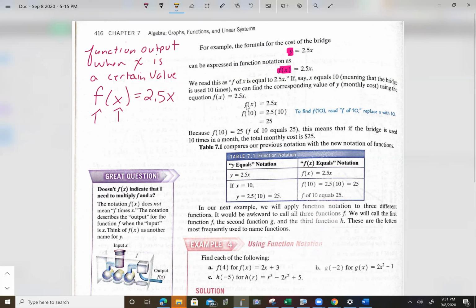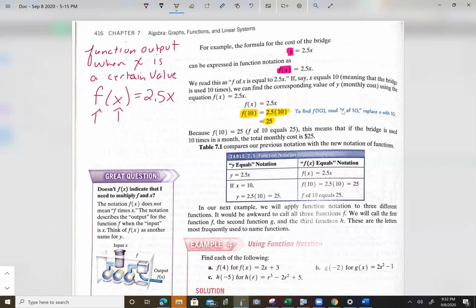So this part here is, what is the output of the function if my input x is 10? That's what this means. And this side is where you're actually doing the computation. And this is your answer. When your input is 10, your output is 25. Okay, when you input 10 for x, your output becomes 25.